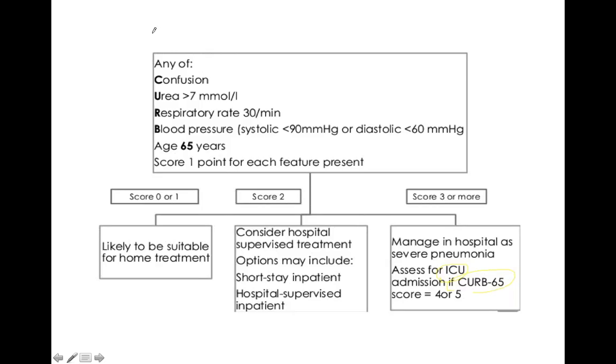So rusty sputum is pneumococcus, it's simple, and greenish pus is for Pseudomonas. Clear? Any question up till now? Simple.